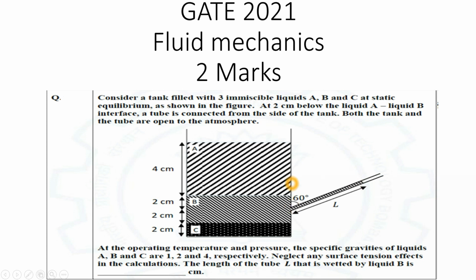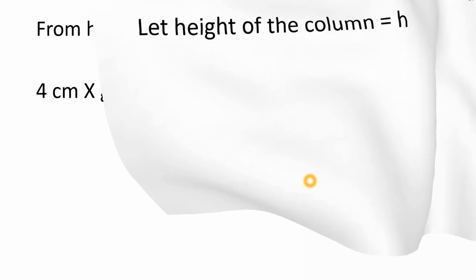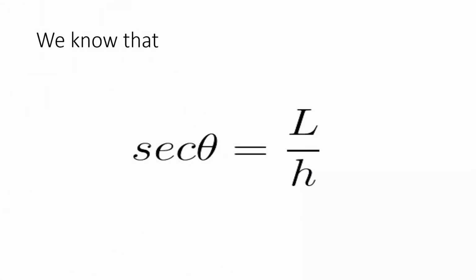Hypotenuse upon base is equal to sec theta, that is sec 60 degree, right? Since sec theta is equal to hypotenuse upon base, or hypotenuse upon adjacent. So we apply this formula: sec theta is equal to L over h.